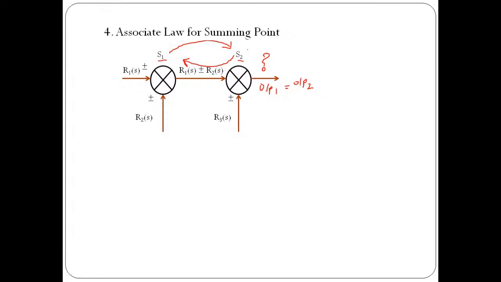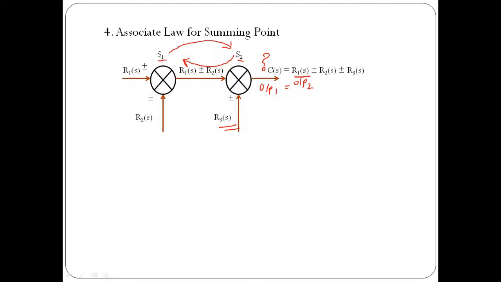So first we need to calculate the output in this case. Here the output of the first summing point is R1(s) plus minus R2(s), and the output of the second summing point is going to be R1(s) plus minus R2(s) followed by the third input signal, that is nothing but plus minus R3(s).